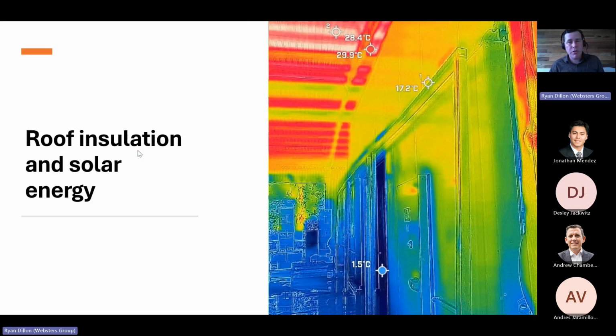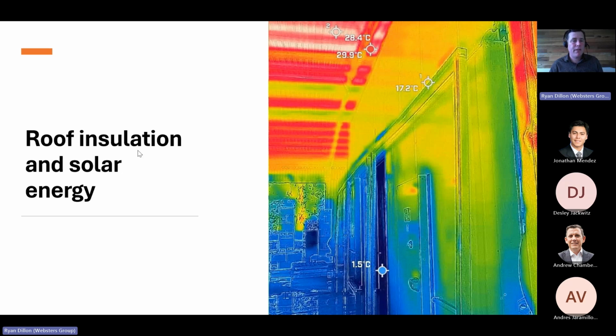Something else to consider is the roof. So if you're in a tin shed and you don't have insulation, that hot tin roof, dependent on the distance between the top of the cold room and the roof, can have a heat gain. And if you were, for instance, after you've addressed energy efficiency, considering solar energy, actually locating the solar above the cold room can help in reducing that heat gain if you haven't insulated the roof.